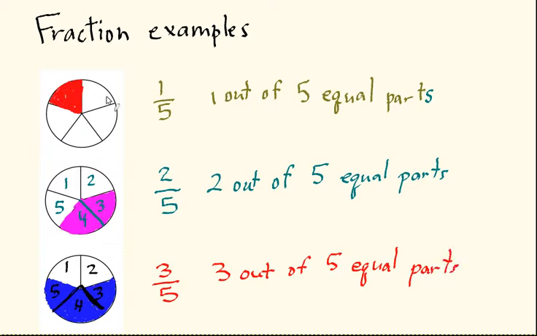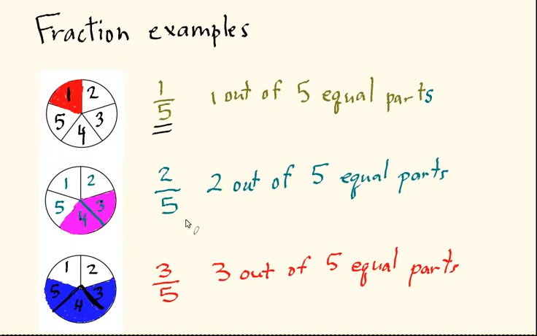So in the first circle here, 1 out of 5 parts are shaded. Let's write that more clearly so you can see. We had 1, 2, 3, 4, 5 parts, of which 1 was shaded, so the answer was 1 out of 5. And here we had 2 parts shaded out of 5, so this part was shaded and this part was shaded.